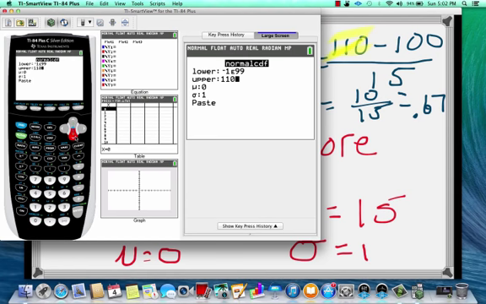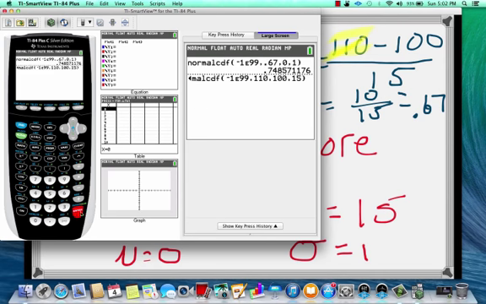Now our mean was 100 and our standard deviation was 15. Watch what happens here. Paste again. Pretty much you get the same thing. So you still have that 74.75%, 75% chance of scoring between 0 and 110.